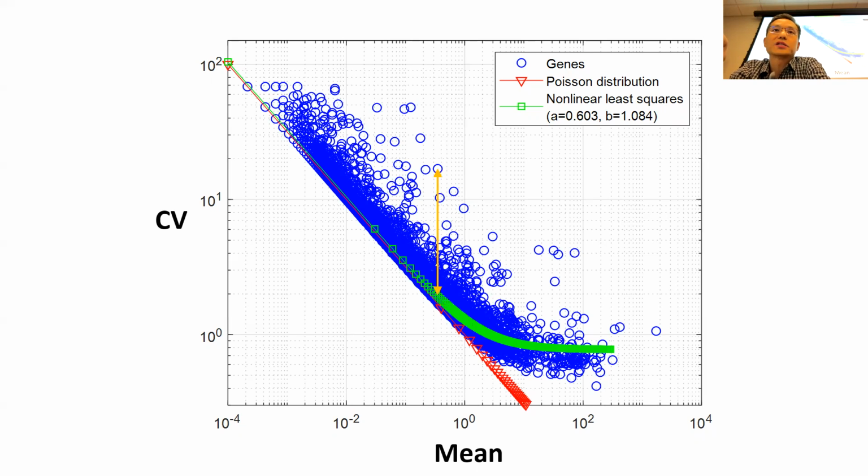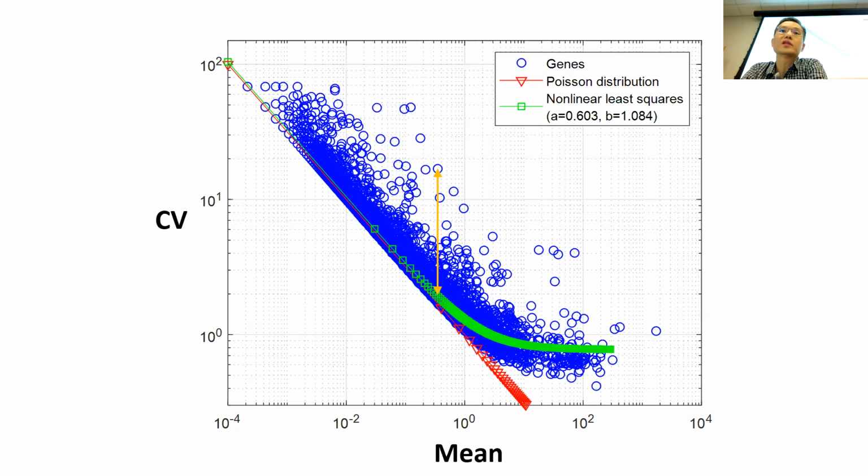So we want to measure for every single gene here, the difference between its observed CV, log transformed, and what is expected from the technical Poisson distribution, which is the difference indicated by this yellow line, from its observed to expected for this particular gene.